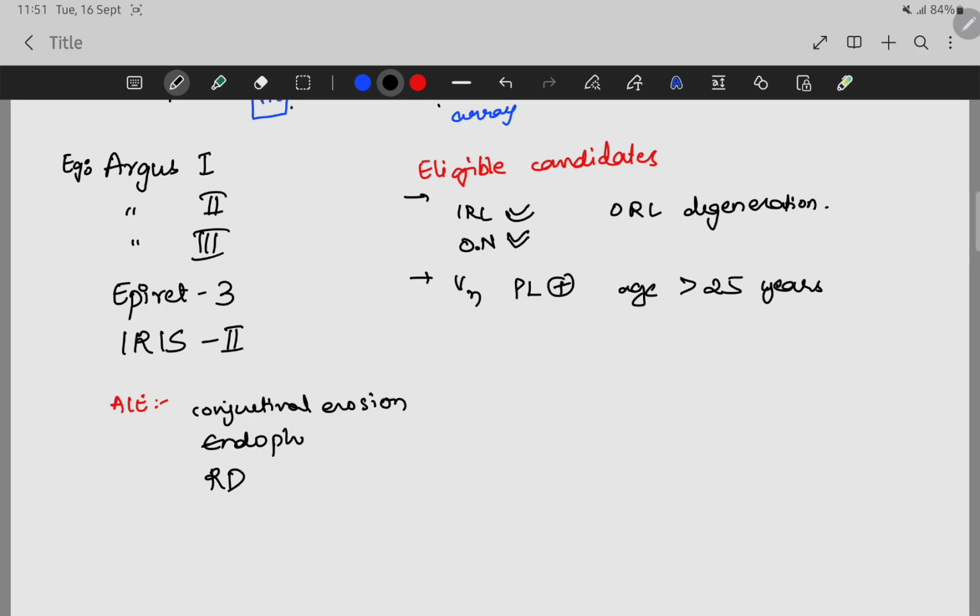So these are contraindicated in cases of previous history of retinal detachment, in cases of cortical or optic nerve diseases, and in case of high myopia or high hypermetropia because the cable length is fixed.